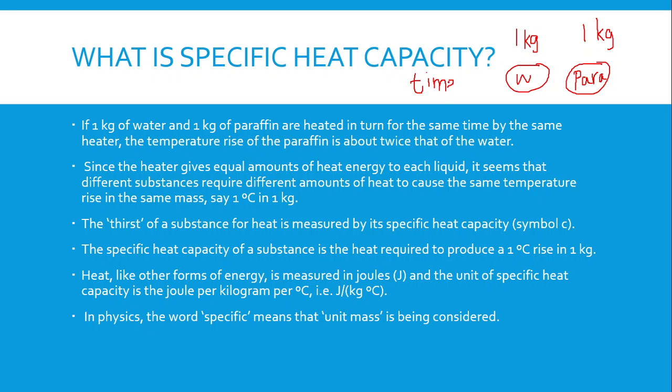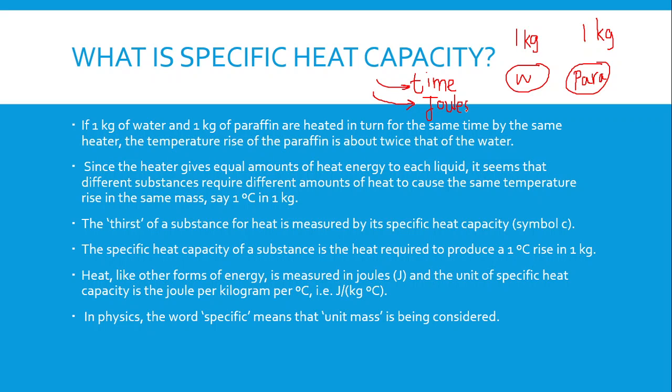By the same heater, it basically refers to the heat transfer or the energy transferred to these systems. So the number of kilojoules, or let's say we talk about joules. The time in seconds is the same, the number of joules transferred or the heat transferred is the same, the mass is the same. What is really the quantity that is being judged over here?